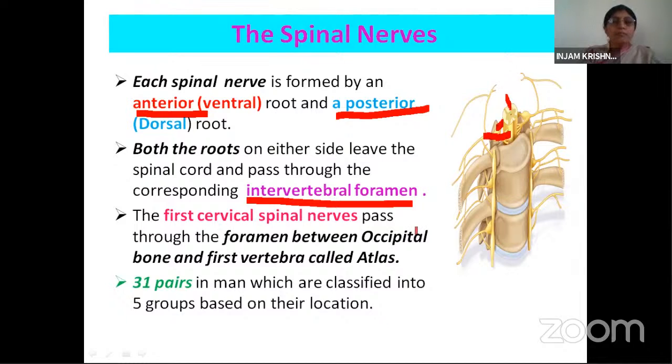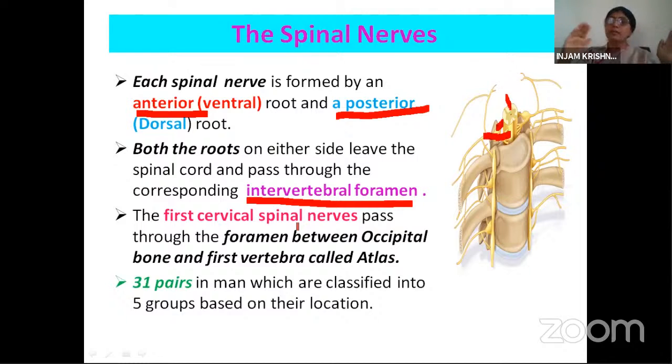Next, 31 pairs in man, which are classified into 5 groups. Already we know that we have the 31 pairs. We have the backbone or vertebra. On either side of the vertebra, or either side of the spinal cord or backbone, we have 31.